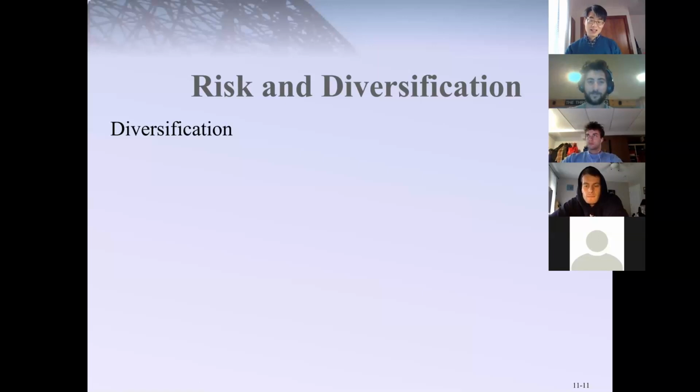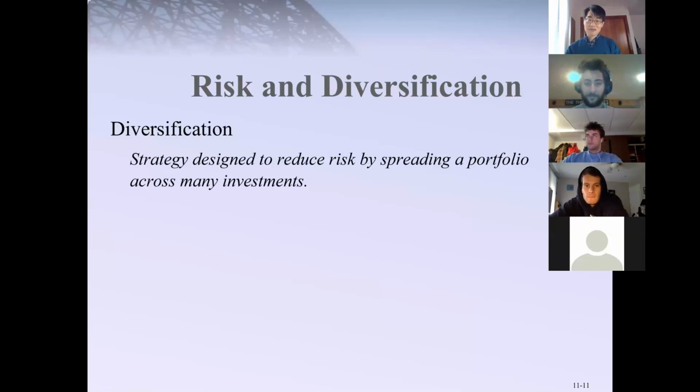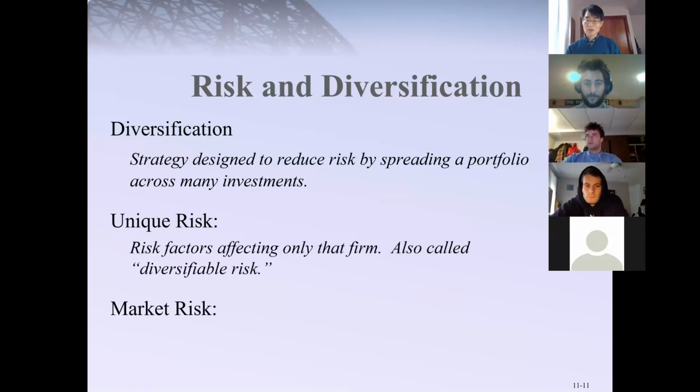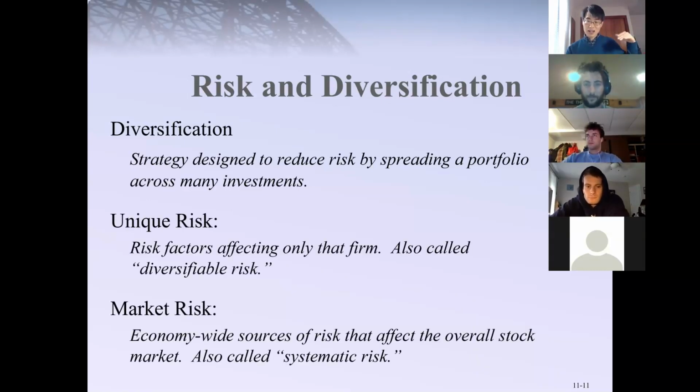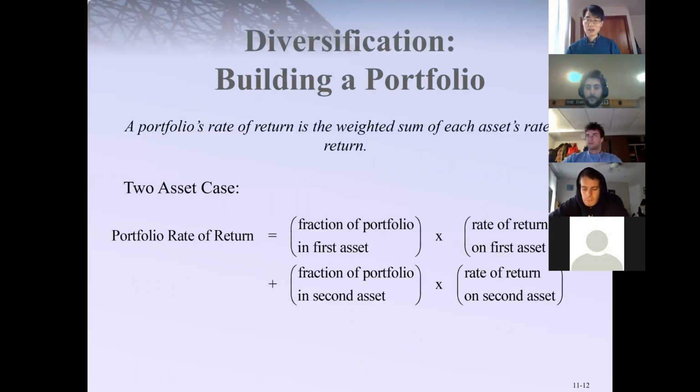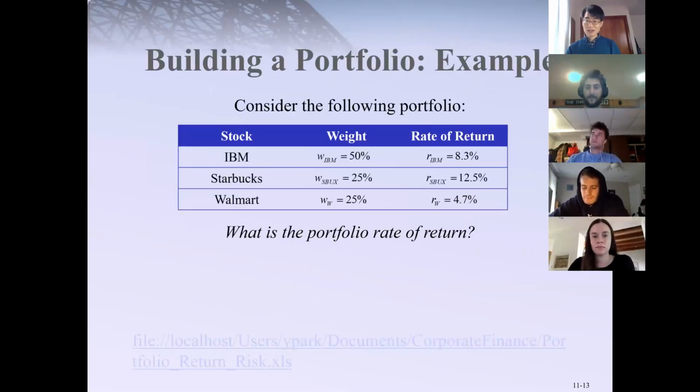Diversification means that when you spread your portfolio across many different assets, the risk of your portfolio may actually decrease. And how much the risk of your portfolio decreases depends on the connection between the assets in your portfolio. So what I'm trying to say is this.